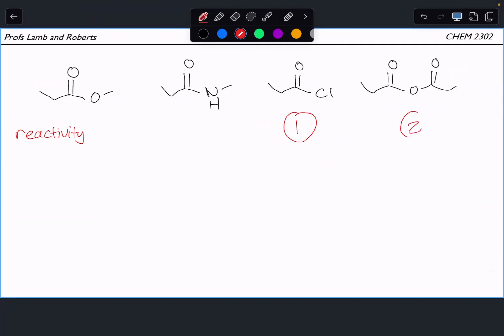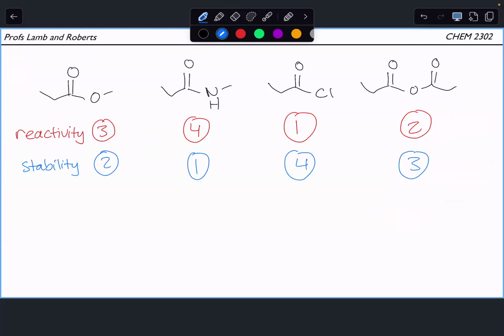Then it would be the anhydride, then it would be the ester, then it would be the amide. If the question instead were to ask about stability, the most stable compound would be the amide, followed by the ester, followed by the anhydride, followed by the acid chloride. So they are opposite trends, okay? So again, less reactive equals more stable and vice versa.